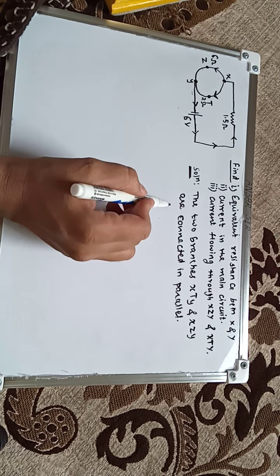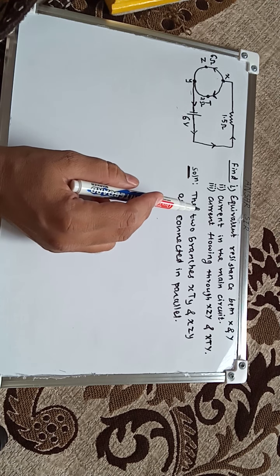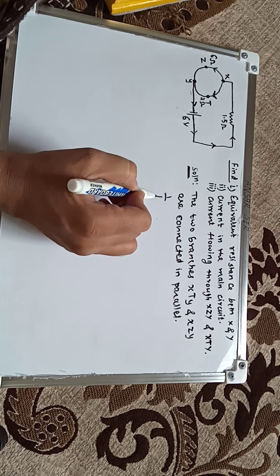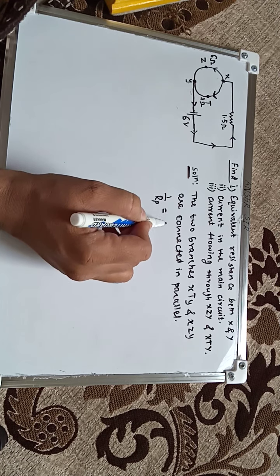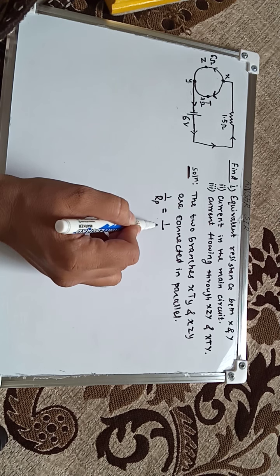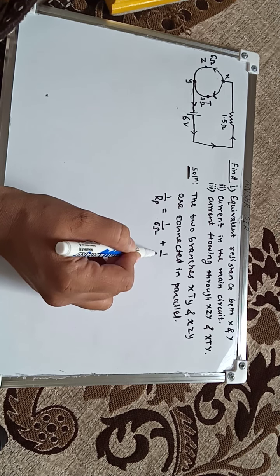So what is the formula for resultant? We have to find equivalent resistance between X and Y. Equivalent resistance means resultant resistance. So we will write 1 upon Rp is equal to 1 upon 6 ohm, XZY is 6 ohm, plus 1 upon 2 ohm, XTY is given to be 2 ohm.